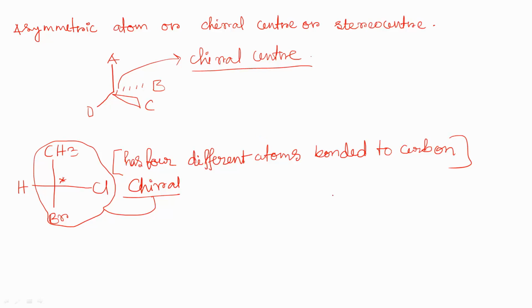If we discuss, let's say, CH3, and here bromine is there, but if we replace one of the chlorine atoms with a hydrogen atom, then this hydrogen is the same. Let's say this is a carbon center. Br is different, CH3 is also different, but these two hydrogens are the same.